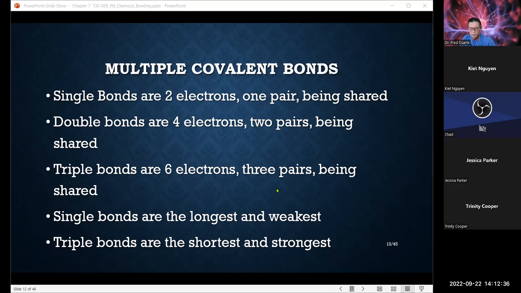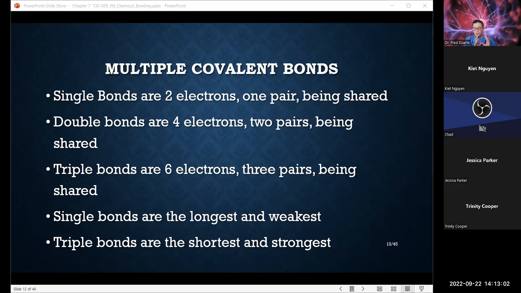A good example would be... question. Oh yeah, we're going to learn about the electrons and how many they share. Good question. Right now, we're just introducing the single, double, and triple bonds and how we represent them.